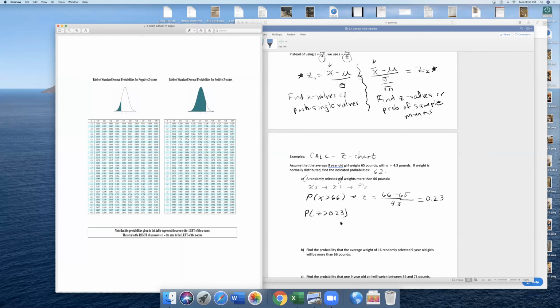So when we talk about finding the probability that z is greater than 0.23, I am going to go to my z chart, which is over here, and I'm going to go to 0.2, which is right here, and 0.23 is intersecting right here at 0.5910.